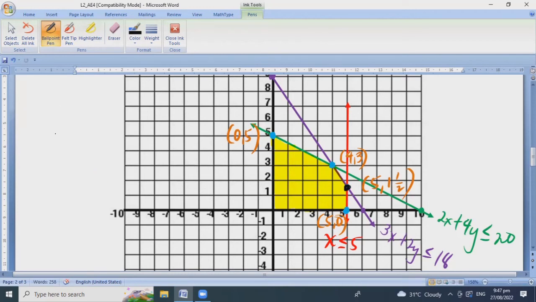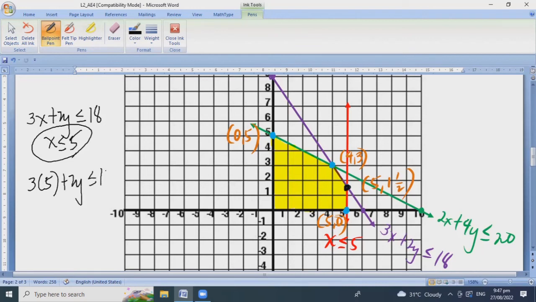So, let us solve. Yung purple line, ang inequality ay 3x plus 2y less than or equal to 18. Tapos yung isa naman, red, ay x less than or equal to 5. Pwede siyang equation, pwede inequality. So, ngayon, may value na si x equal to 5. Replace x by 5. So, 3 times 5 plus 2y less than or equal to 18.